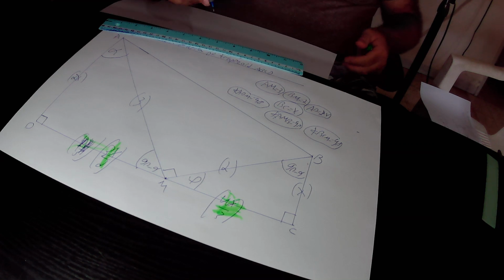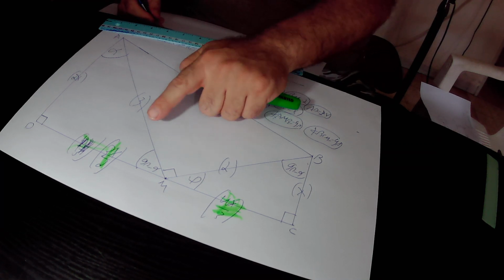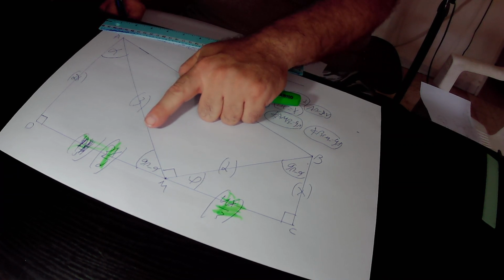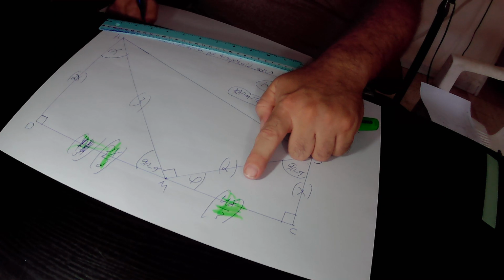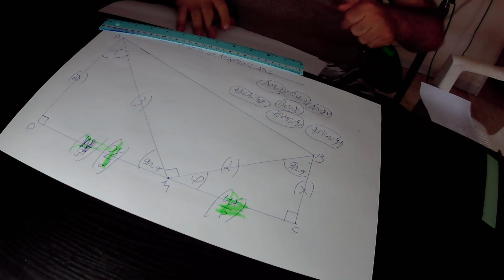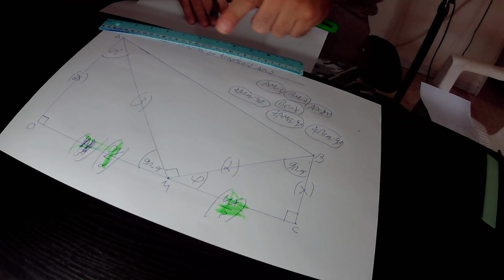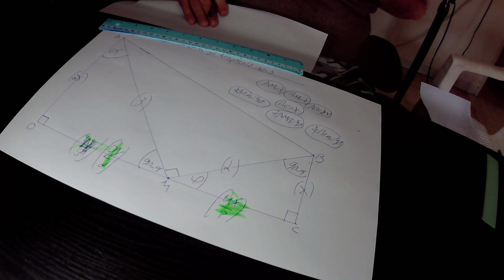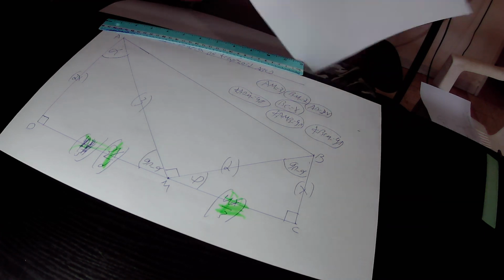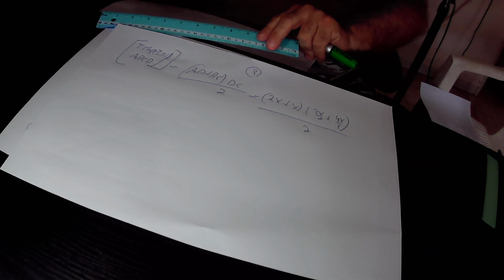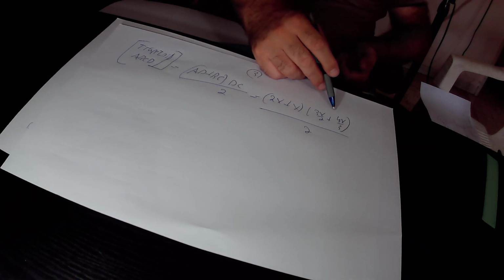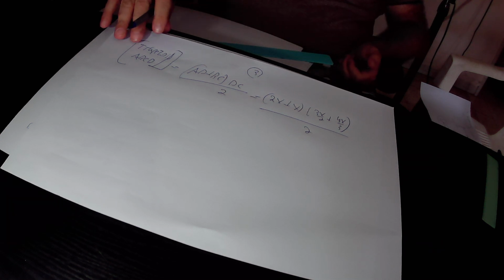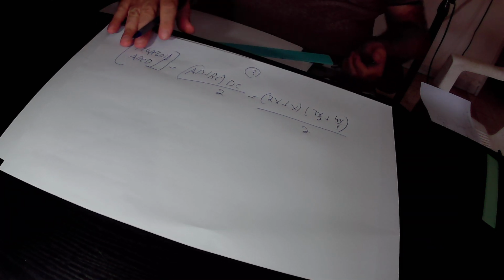DC in total is 3x over 2 plus 4x over 3, divided by 2. So in total, the area that we are looking for in this question is equal to (2x plus x) times (3x over 2 plus 4x over 3), divided by 2. 2x plus x is 3x.